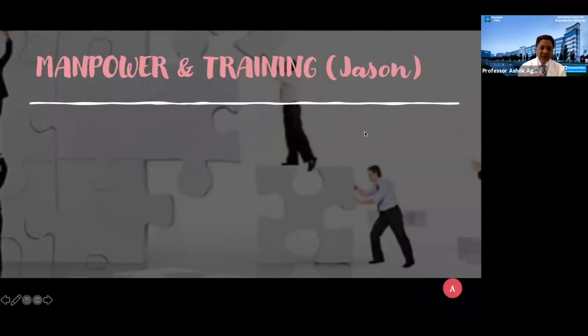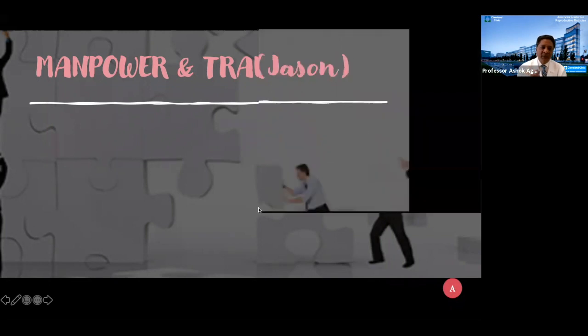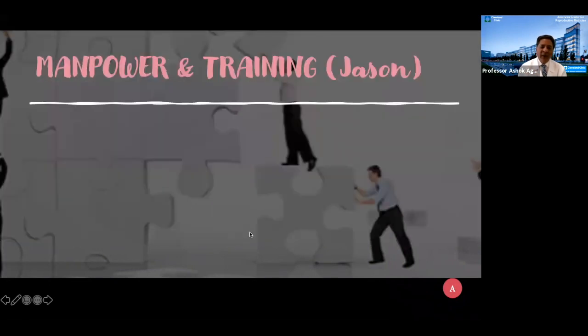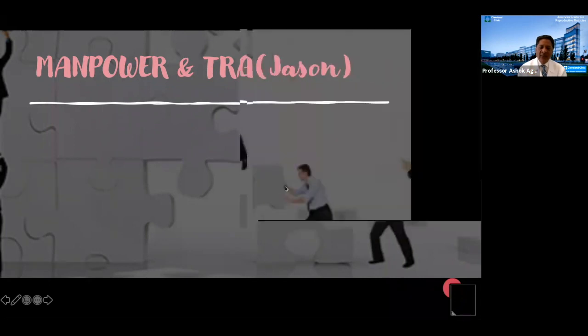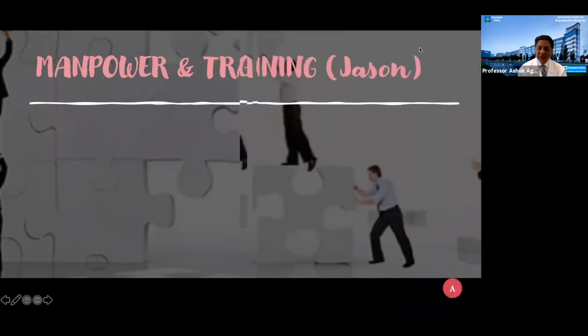What determines the number of staff that are required, and how do you put together a training plan for these? Not only that, but also competency assessment once the people are trained, on a rotatory basis, to make sure that the quality of their training and the work that they are doing will provide the best results. So Jason, all for you.